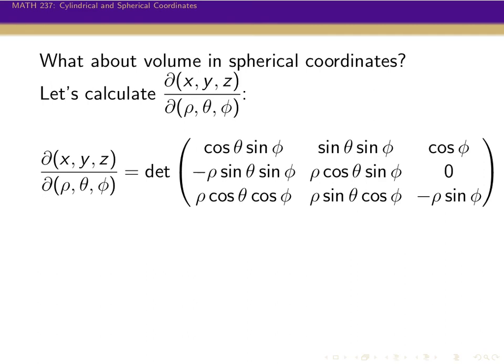The way that I did this, this is the X column, the Y column, the Z column, and then this is the rho, the theta, and the phi rows. And remember you can take transposes and it doesn't affect anything. So that's how this is laid out.